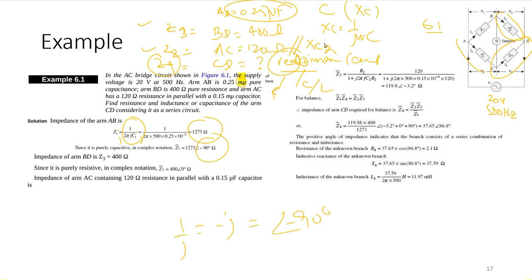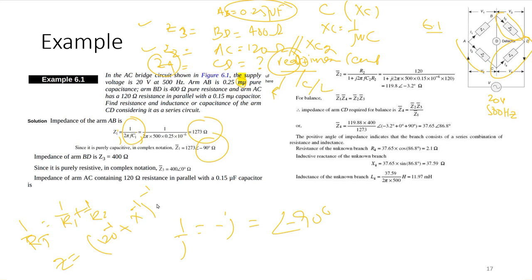First we find this XC2, which is in parallel with it, using the parallel equation: 1 over R1 plus 1 over R2 is equal to 1 over RT. The shortcut on a calculator is to write one value and take its inverse, then add another value and take its inverse, and then take the inverse of the total. This is the shortcut for people who use calculators.